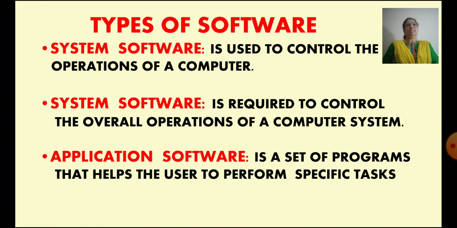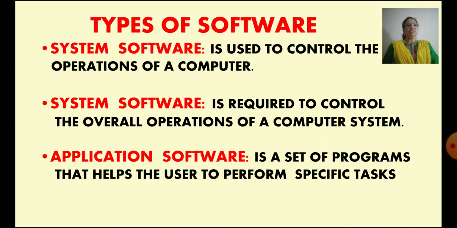Now, what are the types of software? System software and application software. To run the system, we need software. So, that software is known as system software.